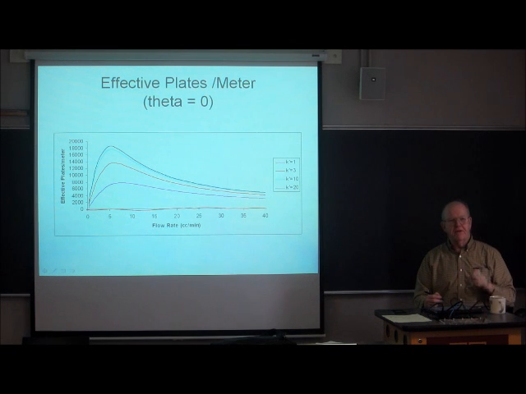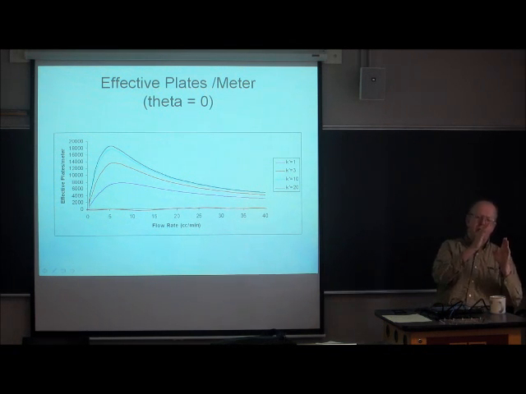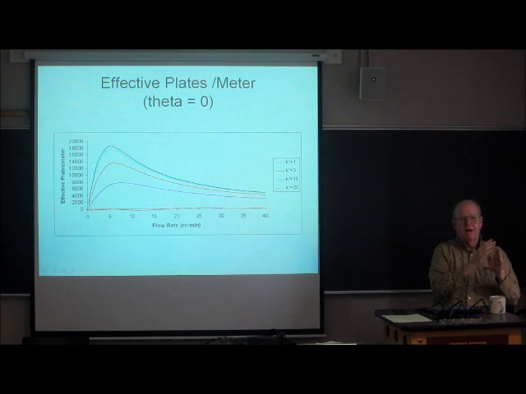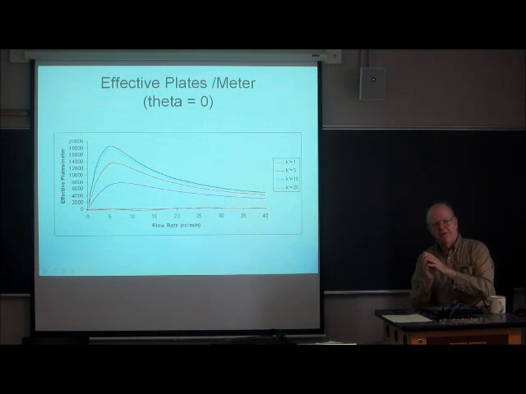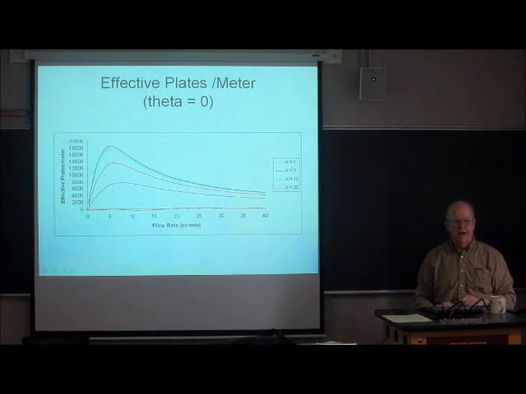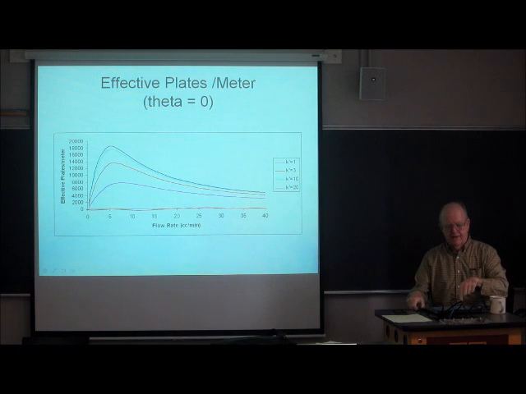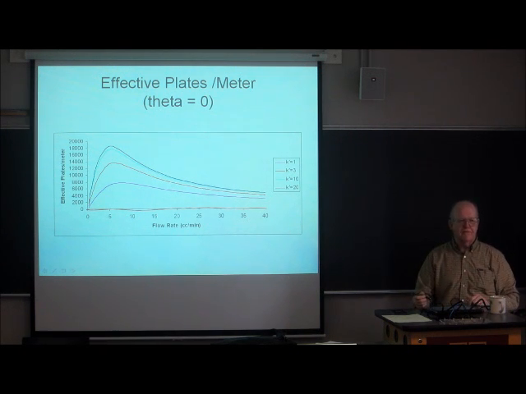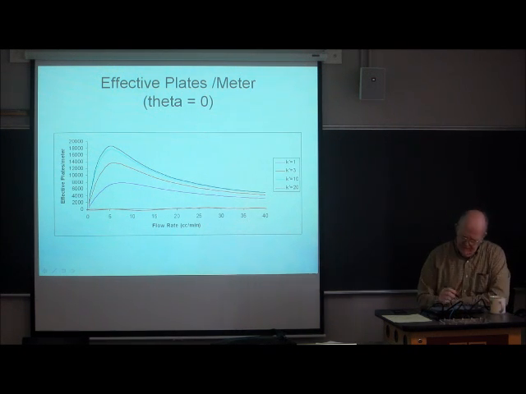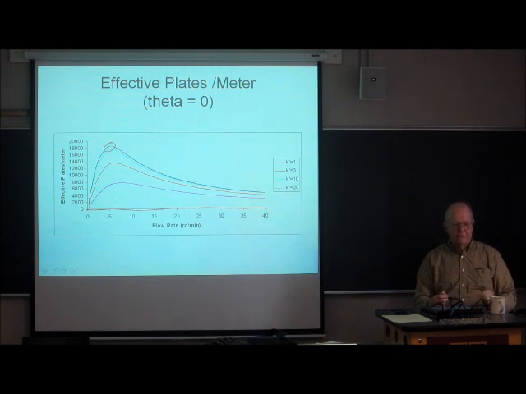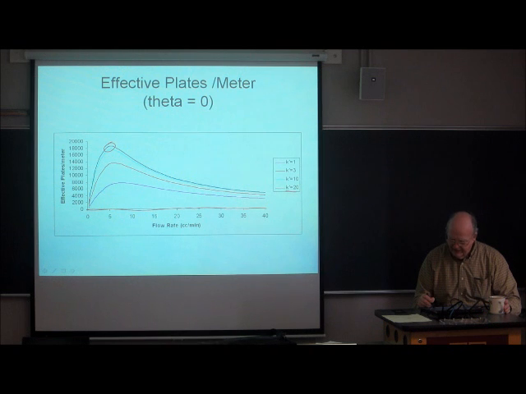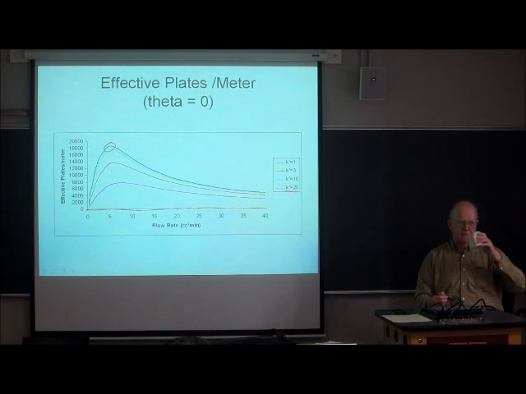The point of this is that you've got to compromise between having low retention to give you good HETP, but you've got to have enough retention to get the separation to happen. You're always fighting this effective plate curve. But it turns out that your best results are really with a pretty high retention factor.